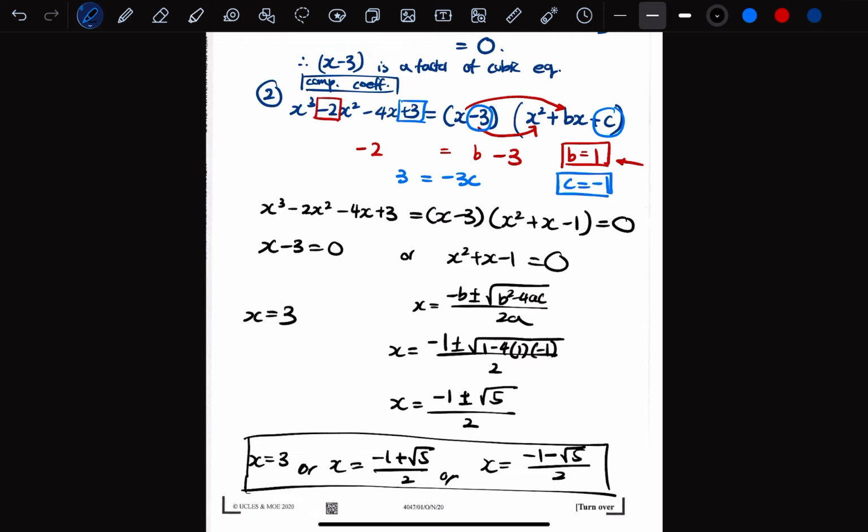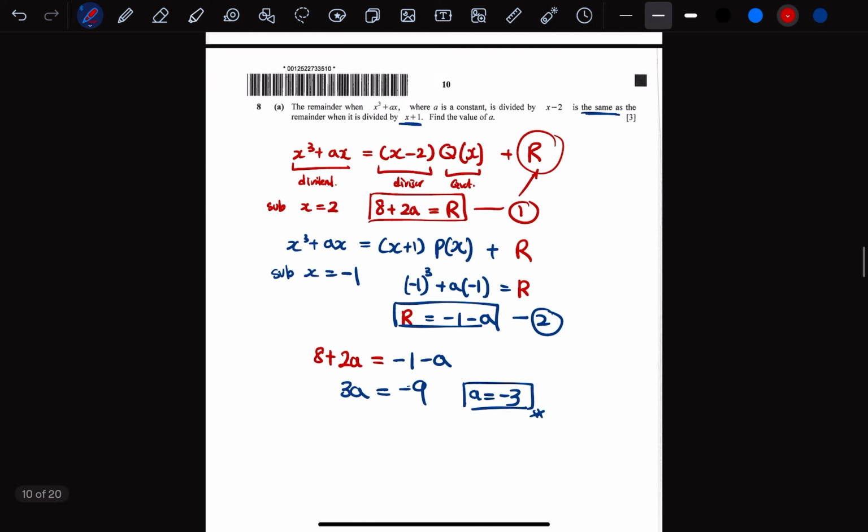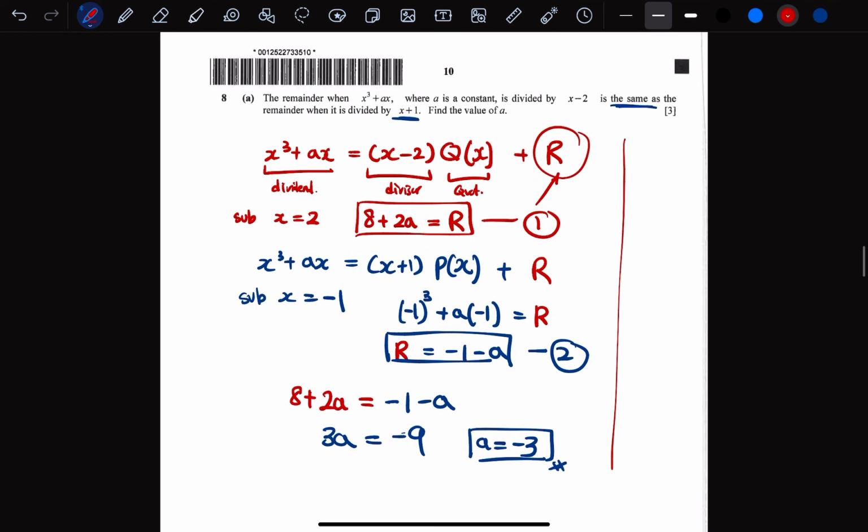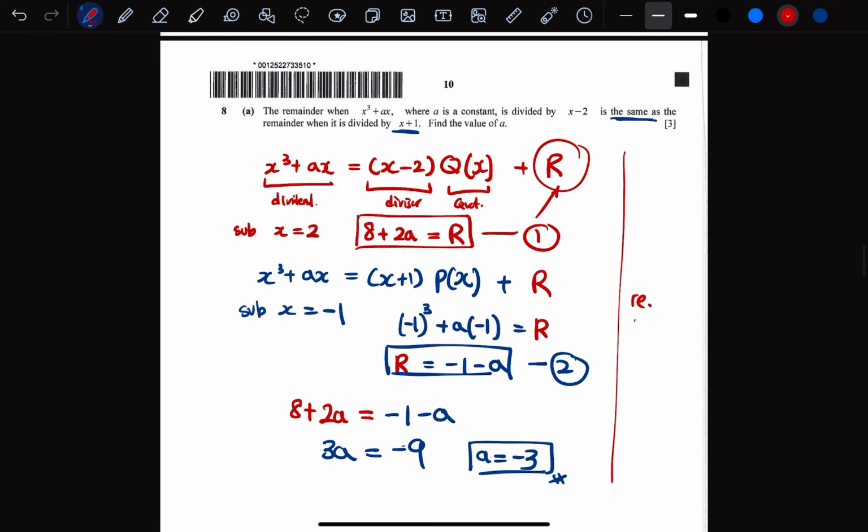Okay, so just a very quick recap on both parts. First part is just your remainder theorem. Make sure you're familiar with your remainder theorem, right? Make sure you know how to come up with these equations so that you are able to manipulate them and simplify them to get your simultaneous equations, and then afterwards you are able to solve.